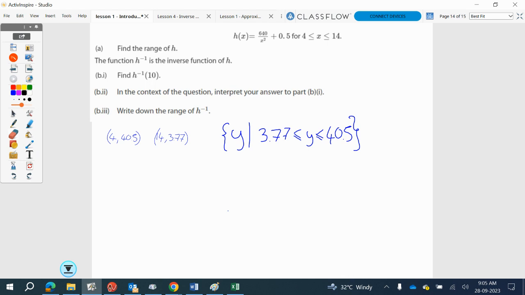If this one says what is the y value when x equals 10, you can just invert it. So we take the original function and we're looking for the x value that has a y value of 10.